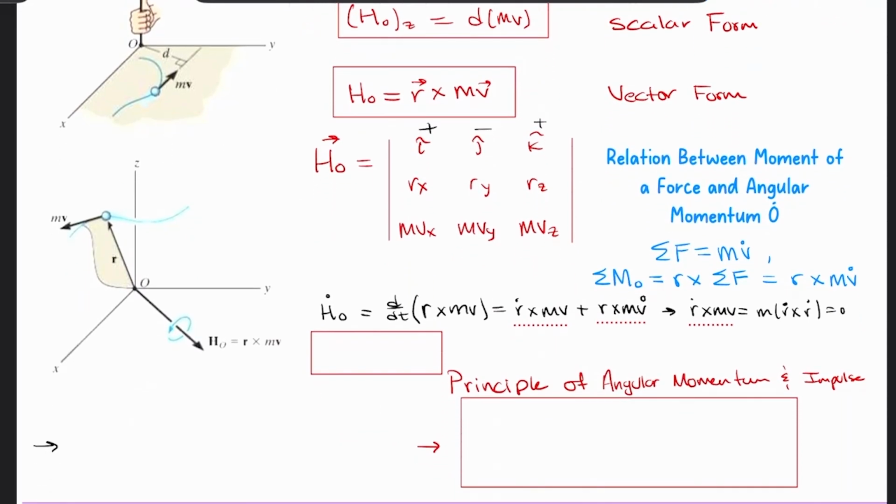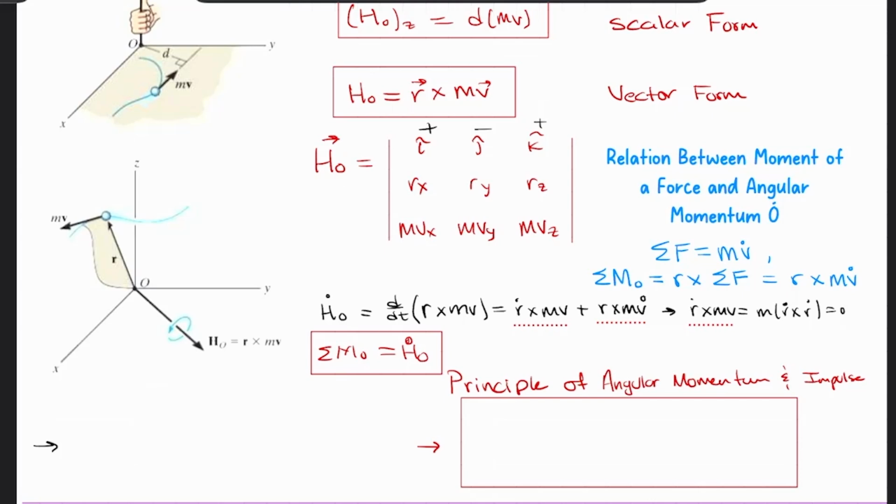If we do the sum of moments about point O, this has to be equal to the derivative of the angular momentum about point O. You can see there the derivative of the angular momentum with respect to time is the derivative of the position times mass times velocity, where we get something similar to moments of forces. You can find the derivation in the book.